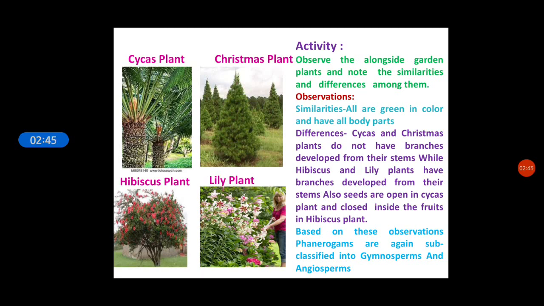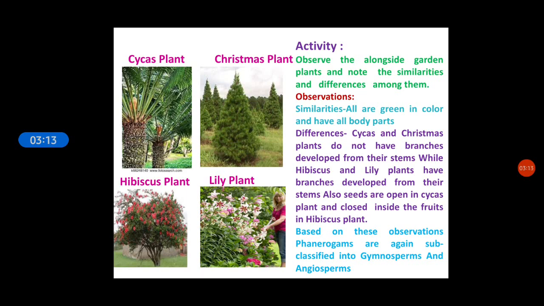In the picture you can see four figures: cycas plant, Christmas plant, hibiscus plant and lily plant. Observe all these alongside garden plants and note the similarities and differences among them. The similarity is that all are green in color and have all the body parts like roots, stem and leaves.